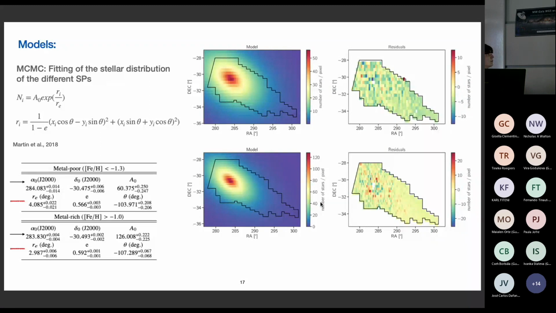And also what was interesting to notice was a difference in the scale radius parameter.